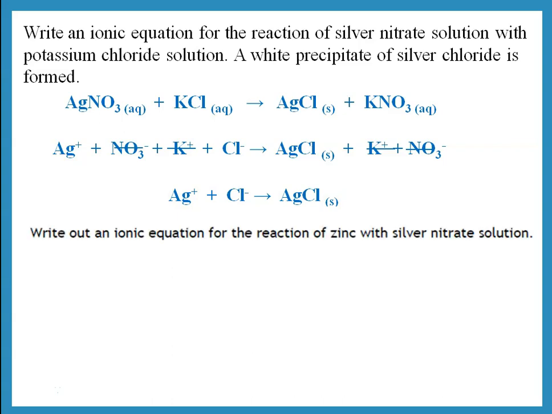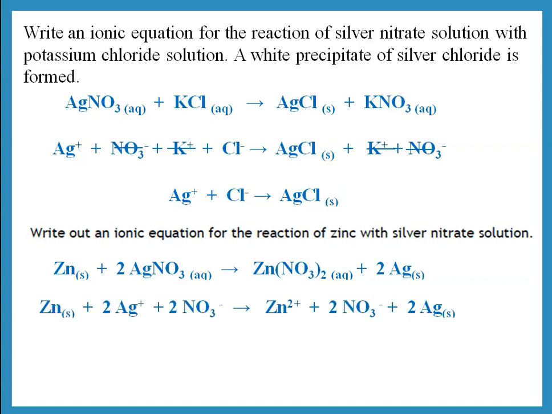Okay? Write out an ionic equation for the reaction of zinc with silver nitrate. Well, this is zinc plus silver nitrate. Again, you need to write the balanced chemical equation, balance it, decide which one is solid, liquid, gas, aqueous. Of course, any metal like zinc and silver are solids. Any nitrate is aqueous.